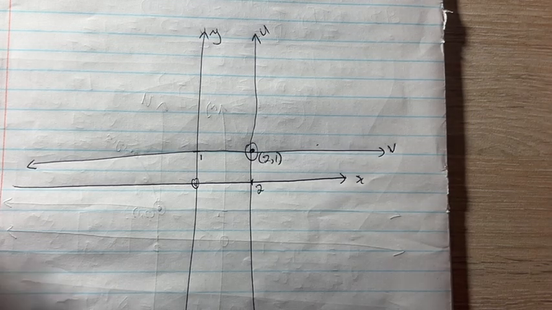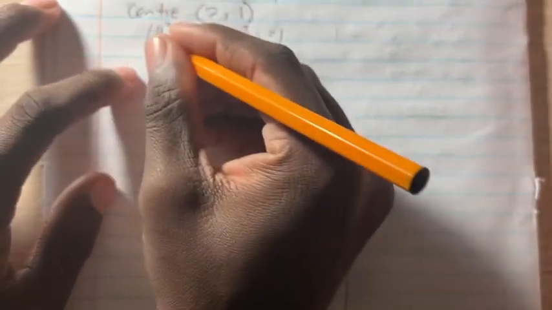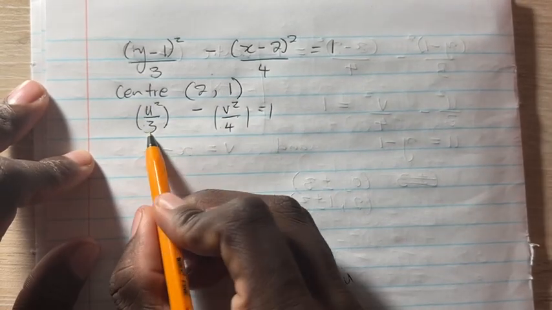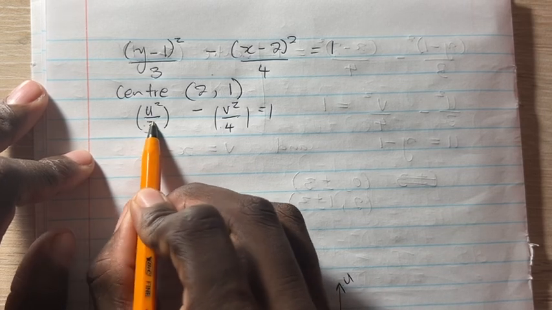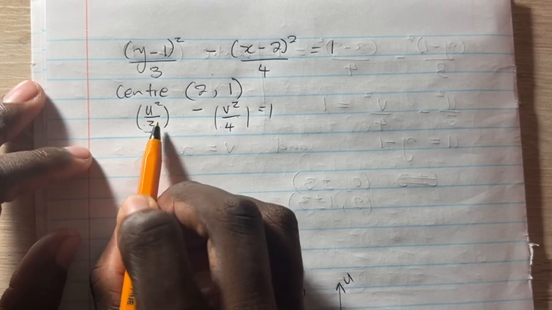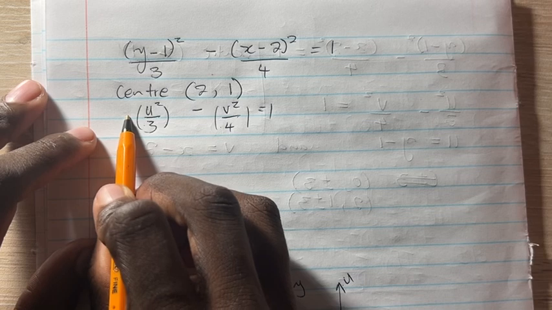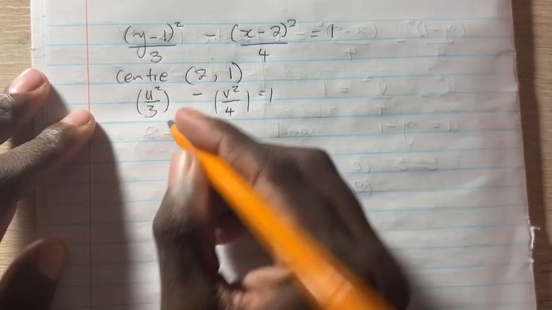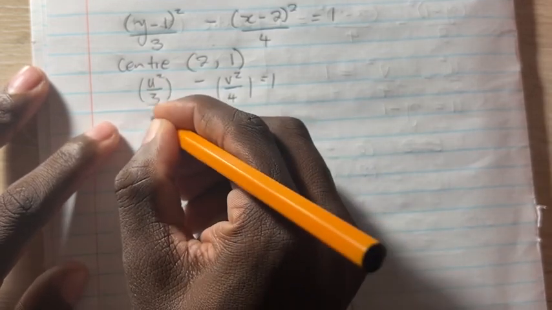To find that, we first need to find our a. Our a is always the square root of the denominator with the positive coefficient. So square root of 3, basically, that's a.